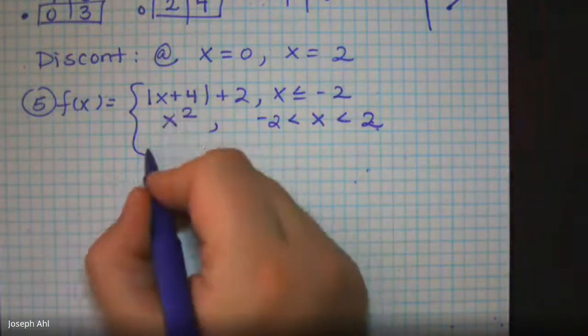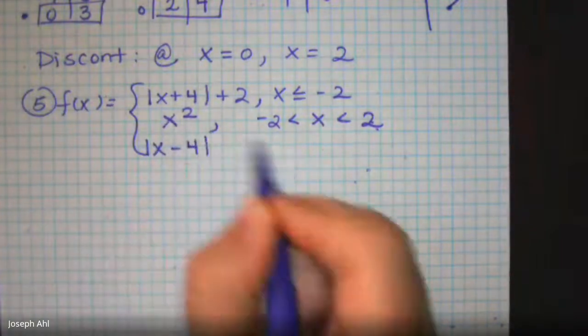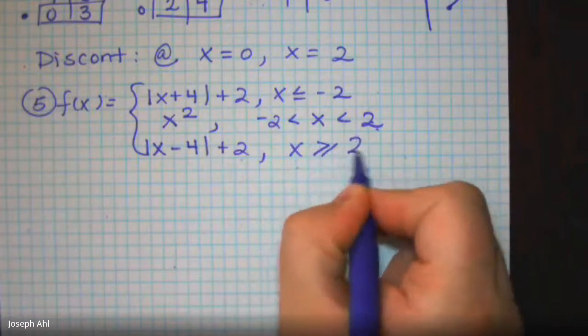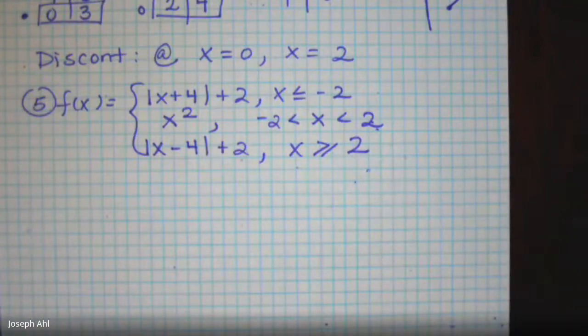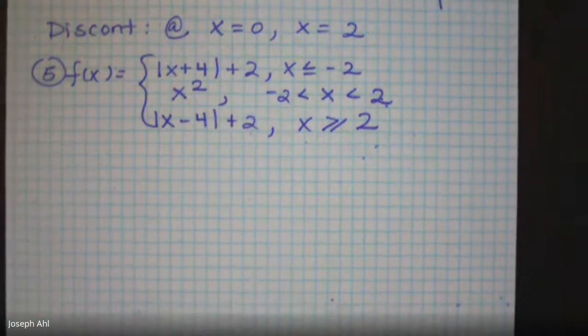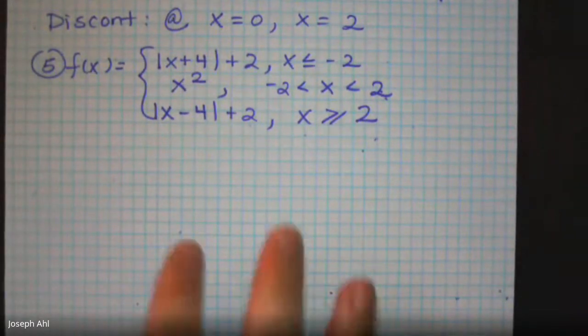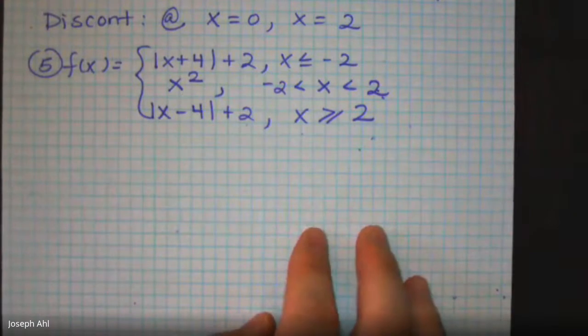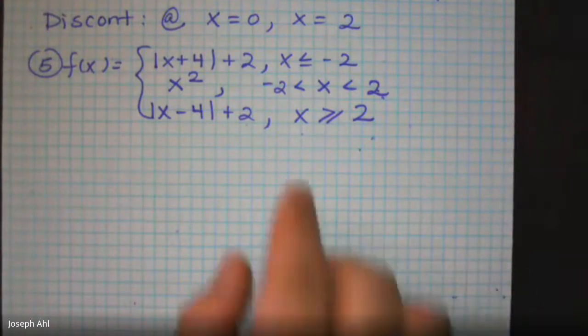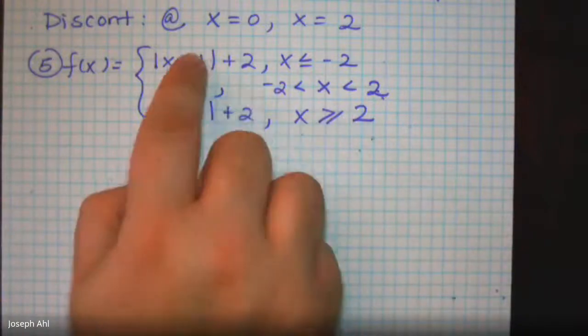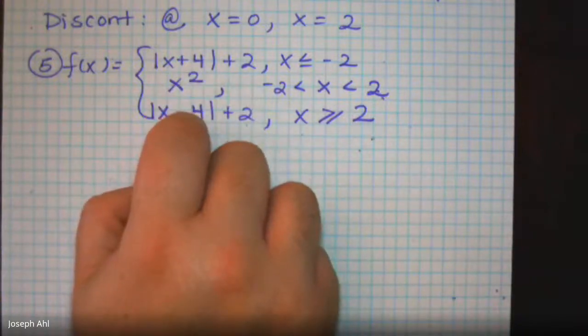And then I want you to do absolute value of x minus 4 plus 2 when x is greater than or equal to 2. Go ahead and make a sketch of this in your notes. And then once you're done, tell me, is it discontinuous anywhere? And really the only issues that we're going to wind up having are maybe at x equals -2 and maybe at x equals +2. Because by themselves, these are all continuous functions.